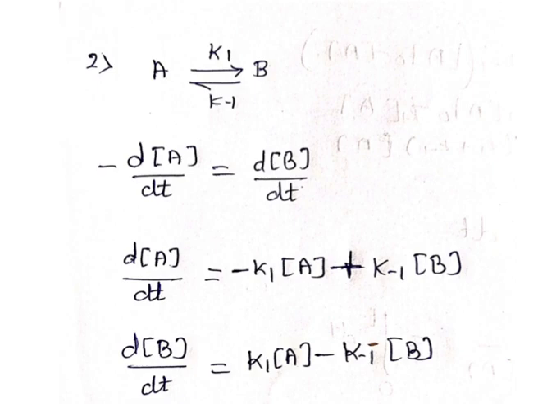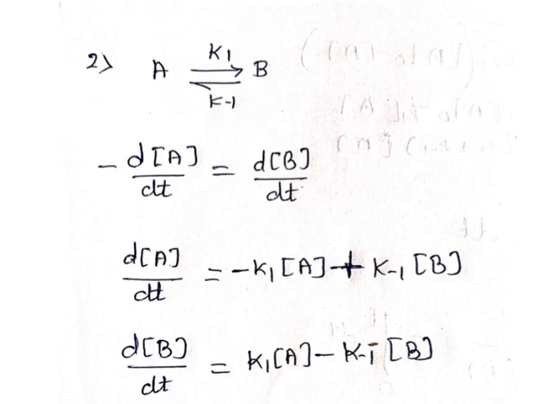plus K minus 1 into concentration of B. See, there is a reversible reaction and B goes on decreasing to form a reactant species A again. So B is going to decrease, but A is forming. So formation of rate is there, that's why plus sign is given. And by which rate A is going to form?